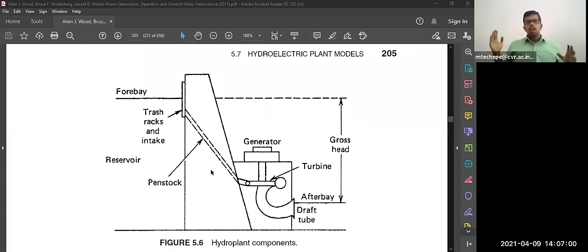Then you have to frame the dam for 10 kilometers, 20 kilometers. You have to do all these things, which will take much more time. It is not an easy task. That's why in such a scenario, nature itself acts as a dam, and you can easily store the water over here.